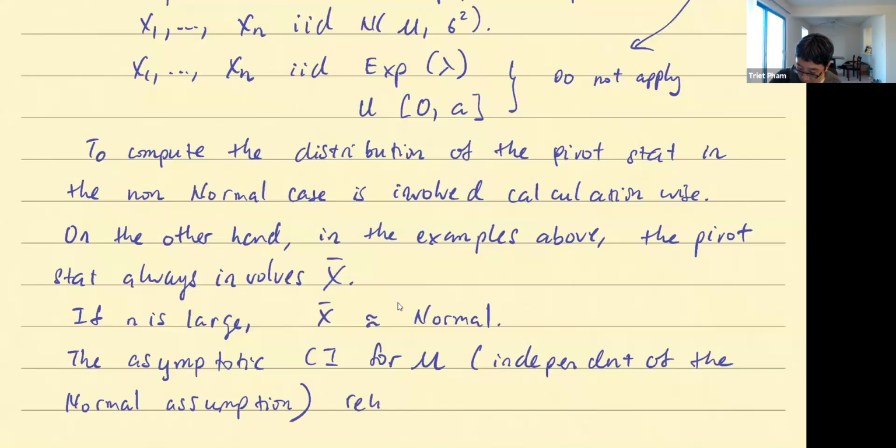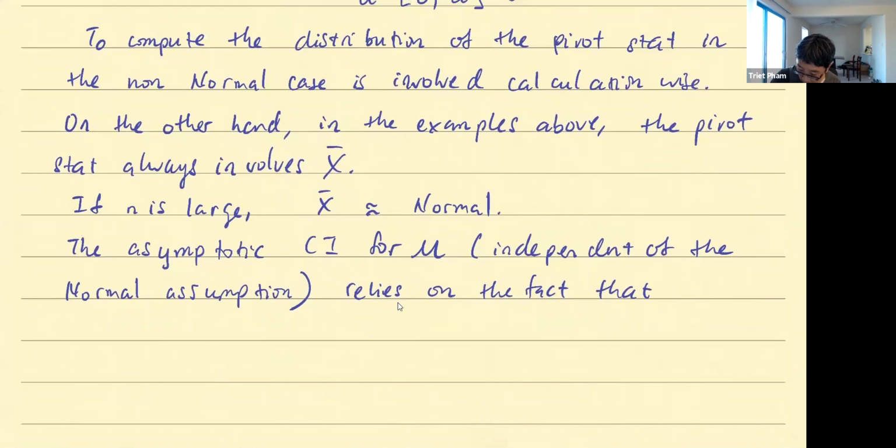Relies on the fact that X bar minus mu divided by S over root n is approximately standard normal when n is large.